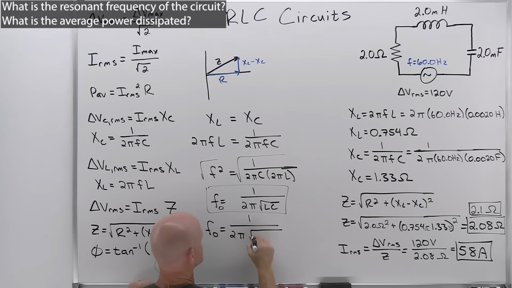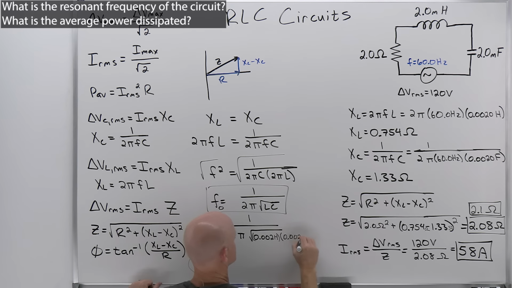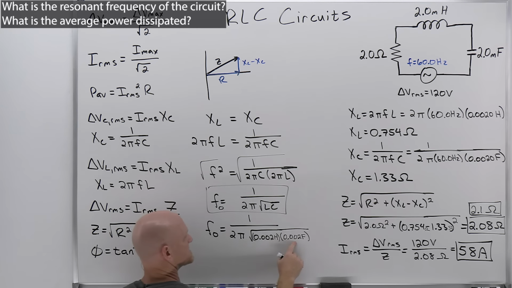Both of these were 0.002. For the inductor, that's going to be in henries, and for the capacitor, it's going to be 0.002 farads. But when you take the square root of 0.002 times 0.002, you're just going to get 0.002, right?